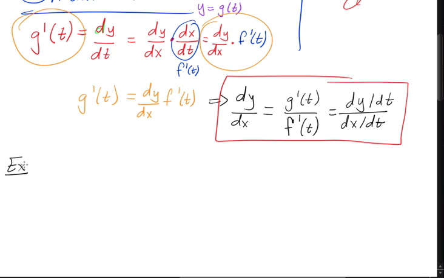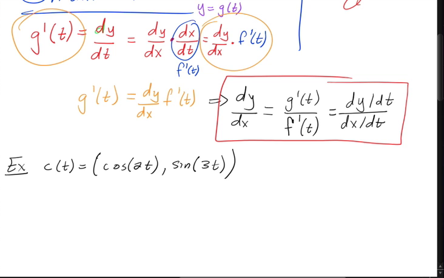So let's see. Let's say for example you have, what did I write down? Okay. So I wrote down cosine of 2t and then sine of 3t.